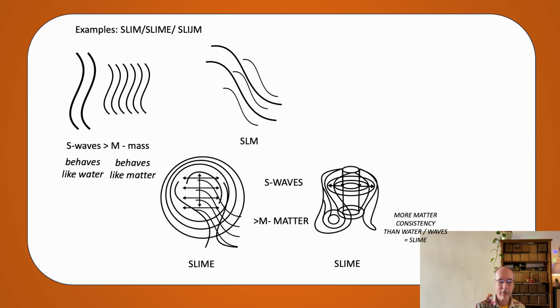And the same thing with SLIJM. The SLIJM also is in between, where waves behave like water, and the M, or mass, behaves like matter. If water slightly changes and already starts to behave like matter, water will slow down its waves, and these waves will behave more like matter, and they will become like slime.